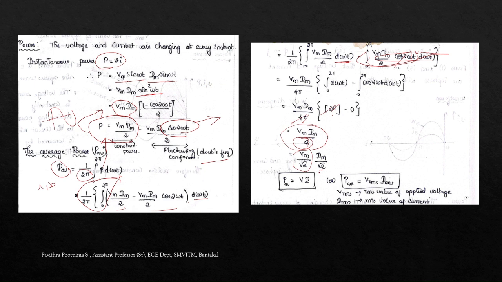This is nothing but the RMS component of voltage and the RMS component of current, so writing it as capital V into I. So average power equals V into I, or P average equals Vrms into Irms, where Vrms equals Vm by root 2 and Irms equals Im by root 2. This is the power equation for the pure resistor circuit.